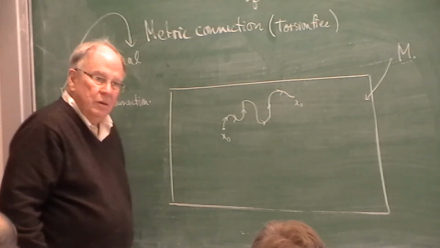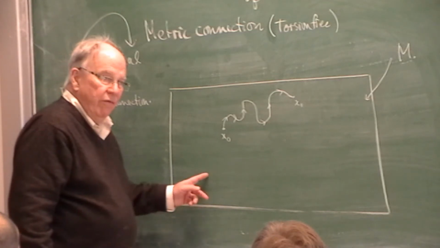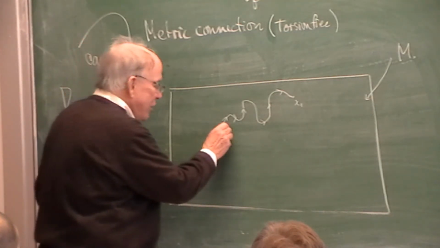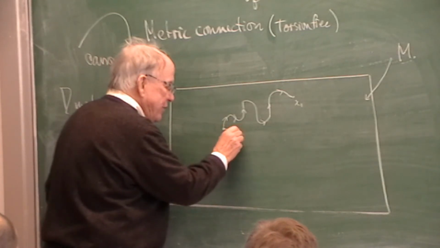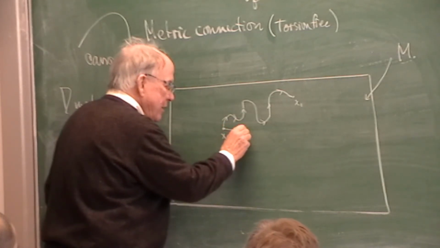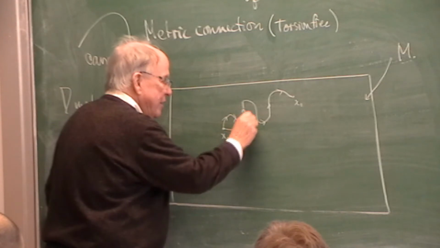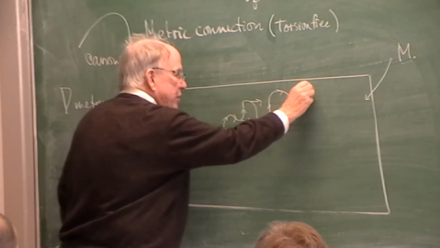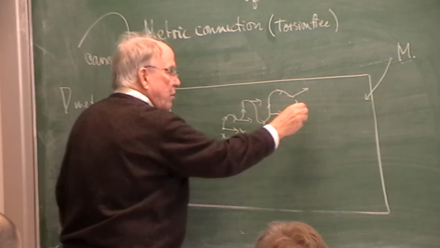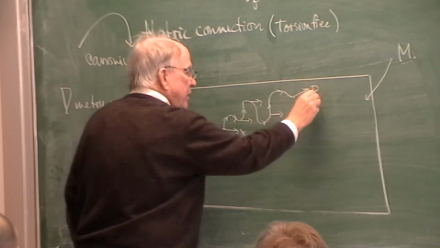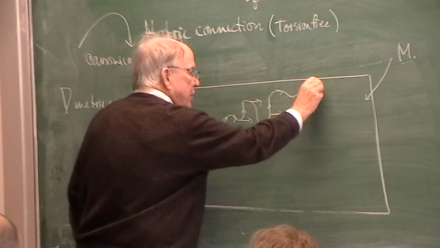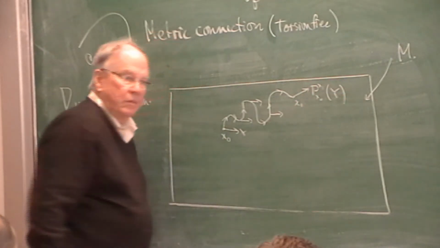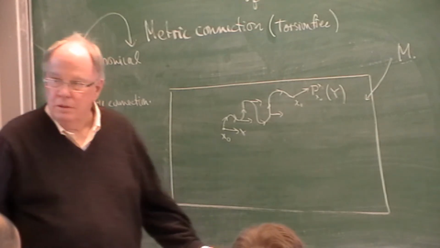I told you, if you have a curve and a connection, you know how to start here with a vector y and push it parallel. And you end up with a vector here, the parallel translate from x0 to x1 of y. Isn't it true?